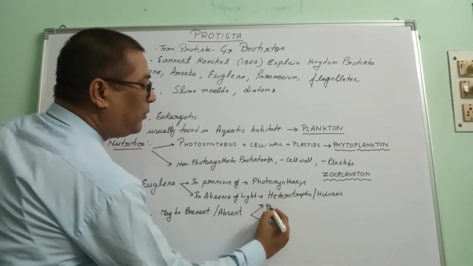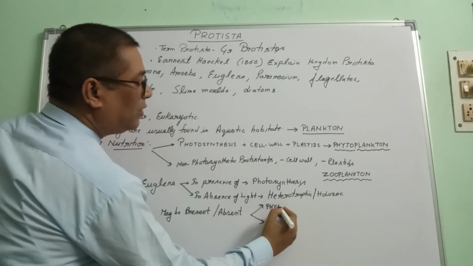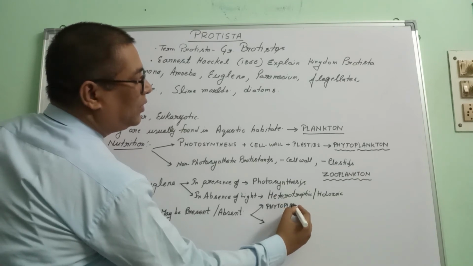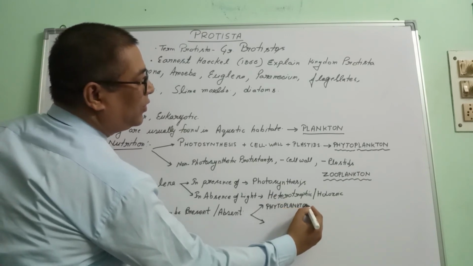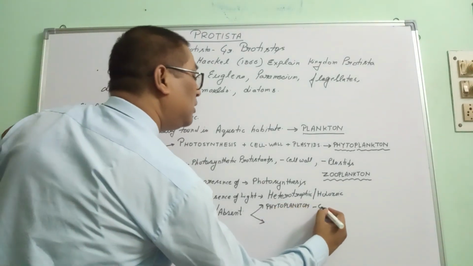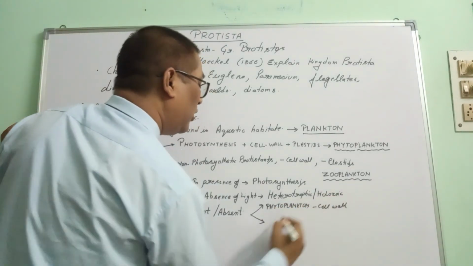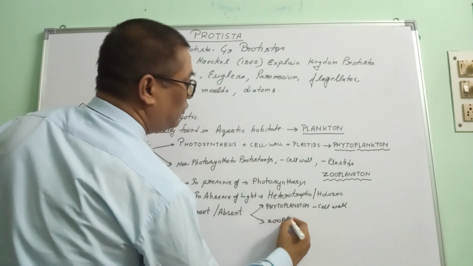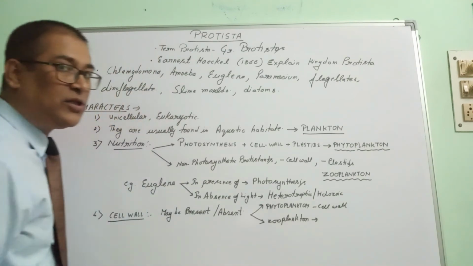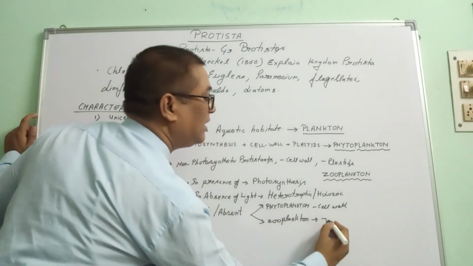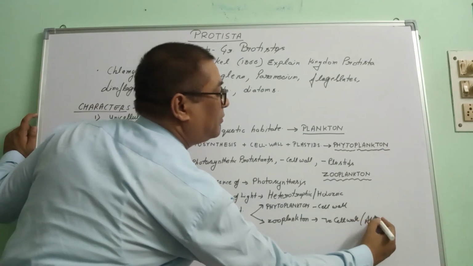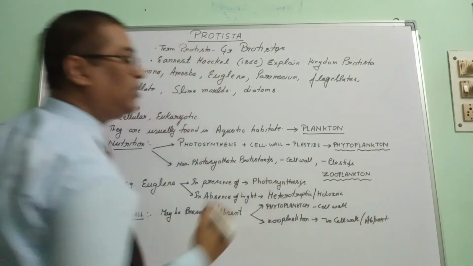The phytoplankton have the cell wall, but zooplankton do not have a cell wall, that is, absent.